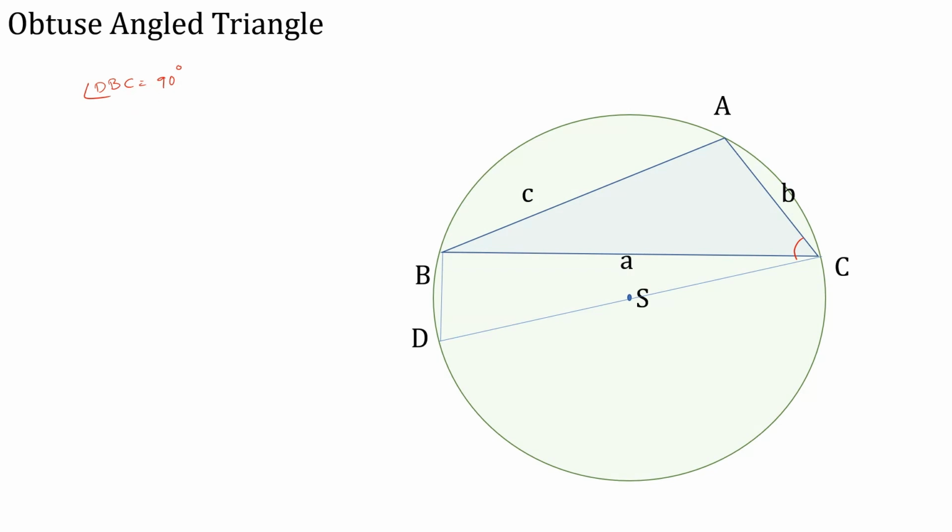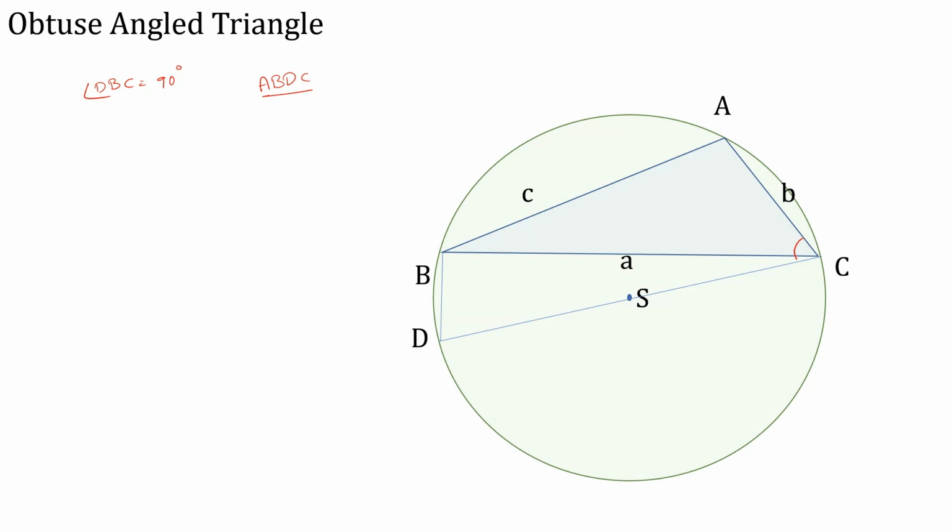When we look into this figure ABDC, ABDC is a quadrilateral which has four sides, and we have a circle passing through all the vertices of the quadrilateral. Because of that, we can call this a cyclic quadrilateral.